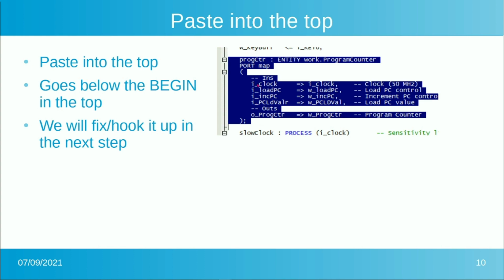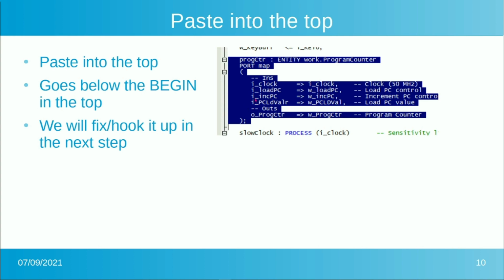And the mapping is essentially saying, hey, the entity calls it iClock, but I want to call it iClock. Well, in this case, they're the same. All of these are the same, and we're keeping them the same, but the difference, if you note, coming into the entity, it's iClock, but inside of here, it's still iClock because it actually comes from an outside pin, but LoadPC is a wire that's inside of the top, and we've already called it iLoadPC inside of the entity, but it's WLoadPC here inside of the top level.